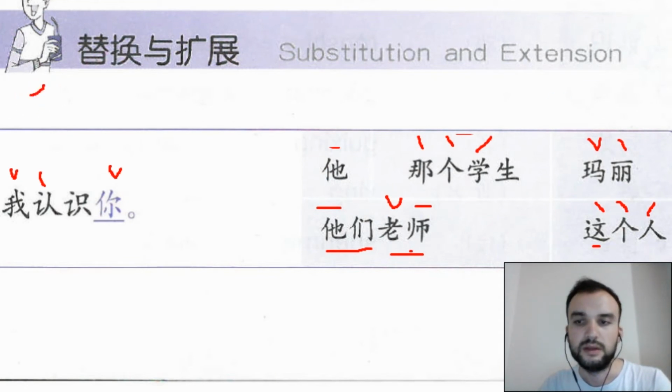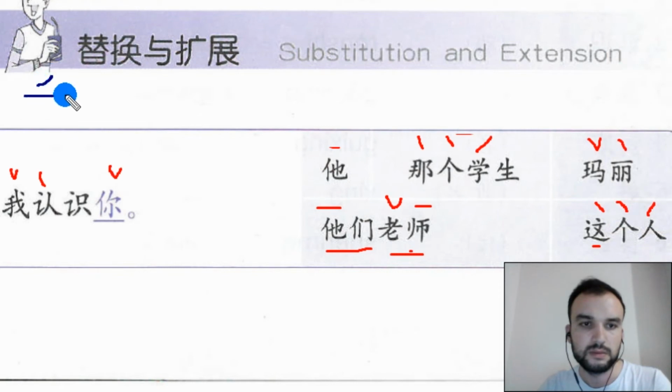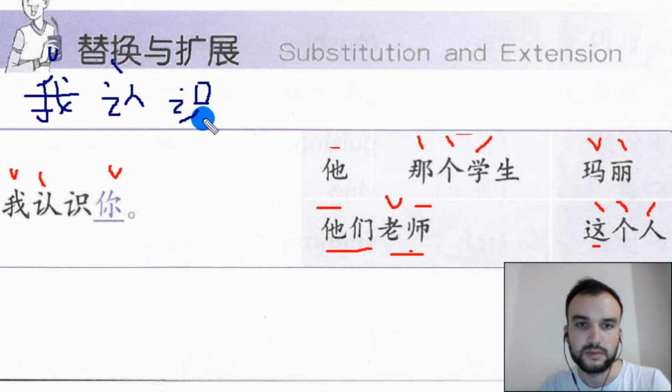Okay. And I think this red is not so good looking. I can make it blue. This one is better. 我认识他们老师.